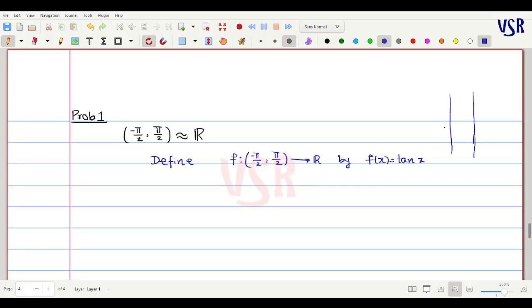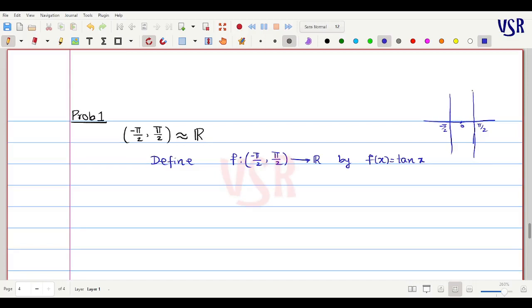Like this. This is the real axis. This is 0, this place is minus pi by 2, and this place is plus pi by 2. Then how will the function look? The function tends to infinity when approaching pi by 2.